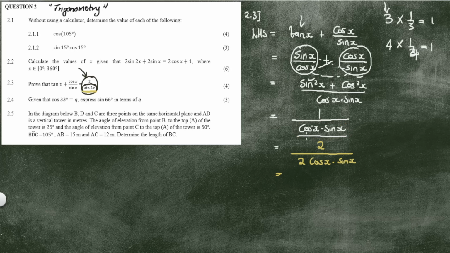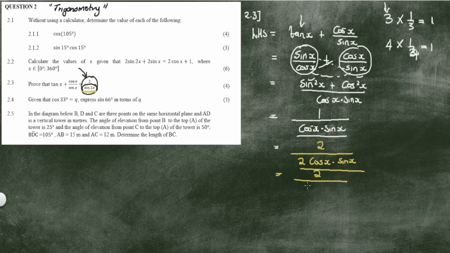So I cannot just write it as sine 2x, I need to have a 2 in front. So I'm putting the 2, but at the same time I'm writing it as an equivalent of 1. That's why I have a 2 on top and a 2 at the bottom, because 2 over 2 is 1. Okay, that's going to be 1.